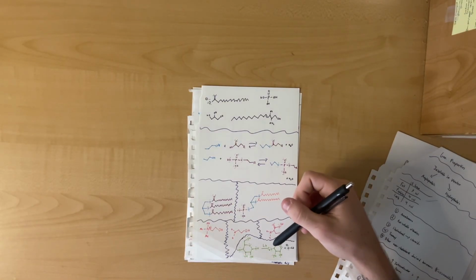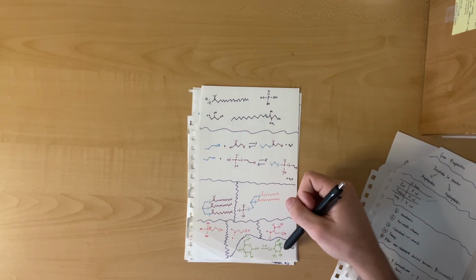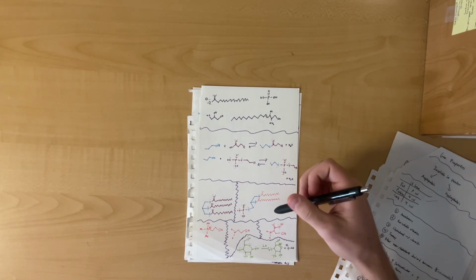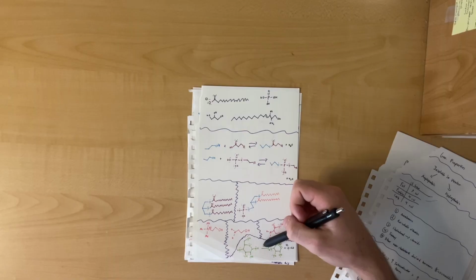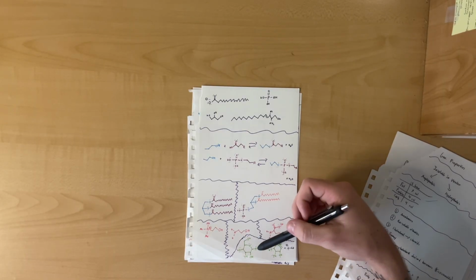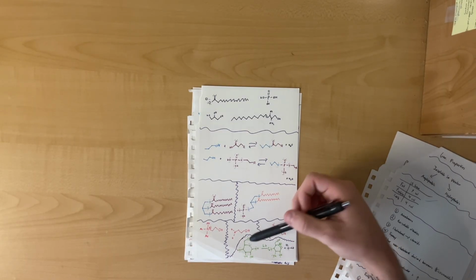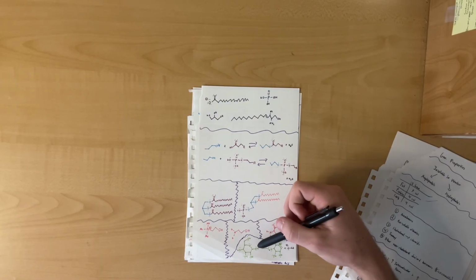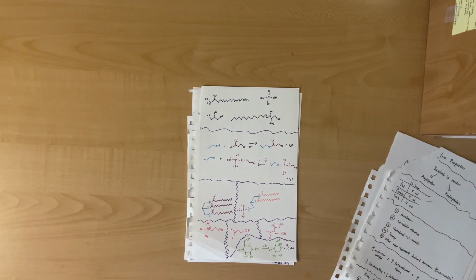So what we need to do is render the carbohydrate an electrophile. The way we do that is that you react a leaving group, which is this Lg right here, with the carbohydrate, and it attaches to the oxygen of the alcohol of the anomeric carbon, which is this one right here.